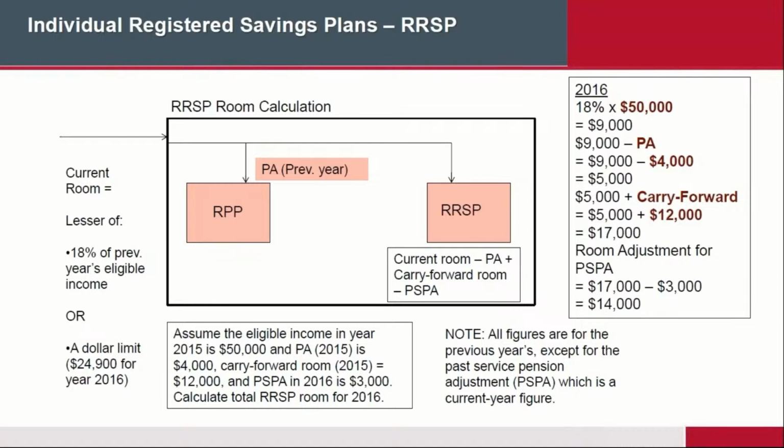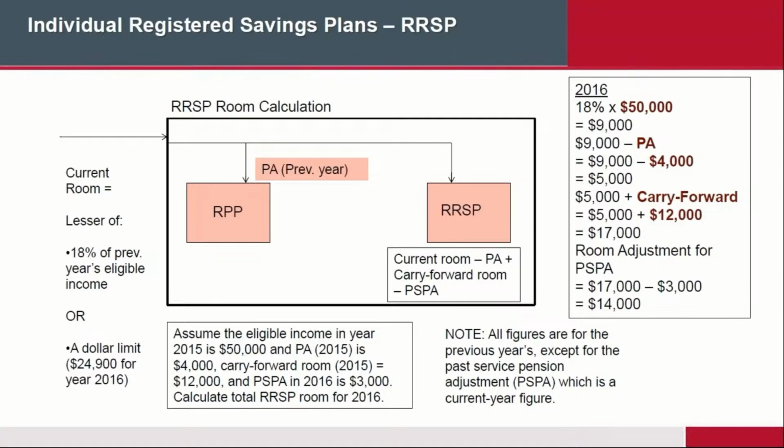So, moral of the story basically is you multiply 18% times your income minus your pension adjustment plus any carry forward that you may have minus past service pension adjustment. That's essentially what you're doing. So it's a fairly straightforward calculation. 18% of your earnings minus your pension adjustment plus your carry forward that you may want to use, minus your past service pension adjustment.